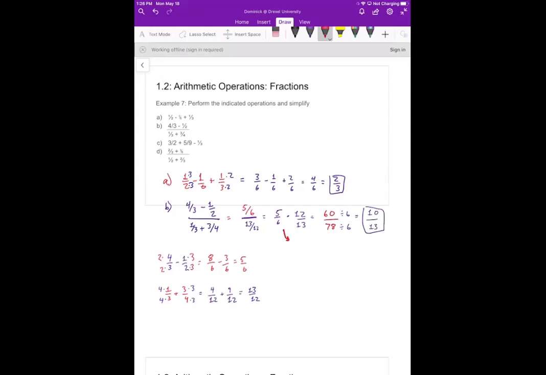Now, the order of multiplication doesn't matter, right? So I could just as easily say this is 5 times 12 over 6 times 13, which is 12 over 6 times 5 over 13, right? But what's 12 over 6? This is just 2.